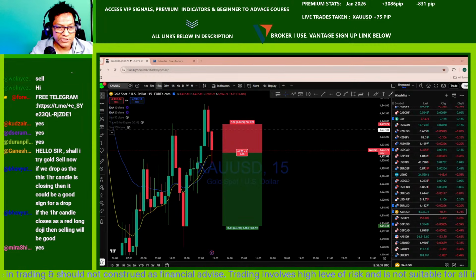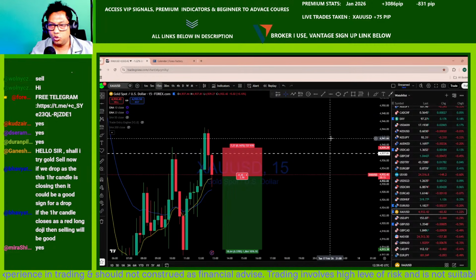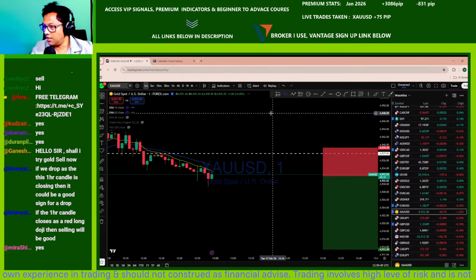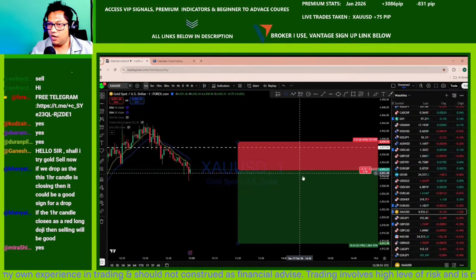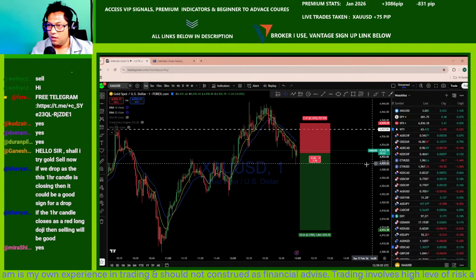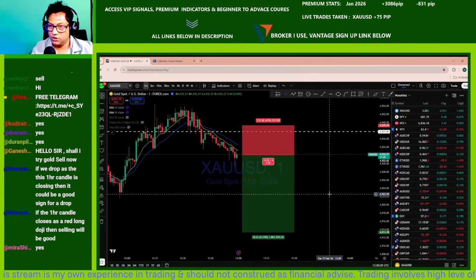So I placed a sell here, and this is a quick sell, and I'm expecting this market to potentially remain bearish with the candle close. And if the market drops down here with the first move, then I will be taking profit at this level here.